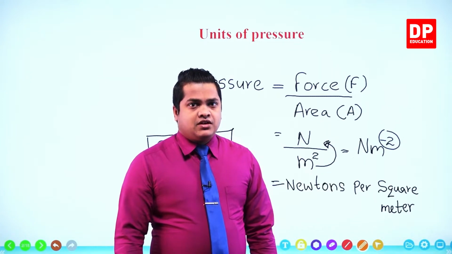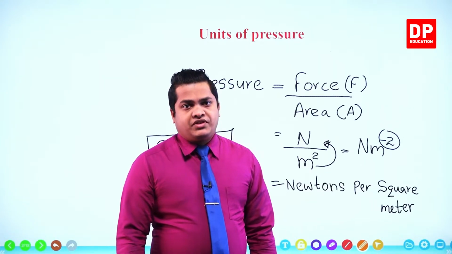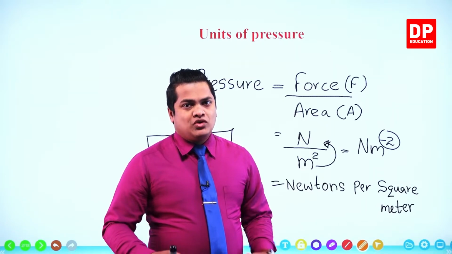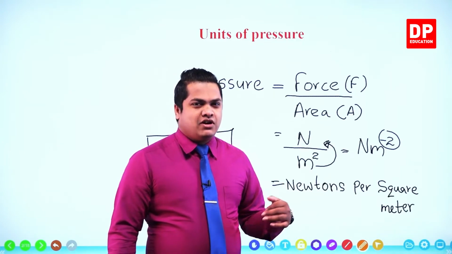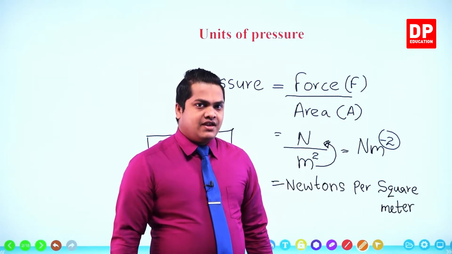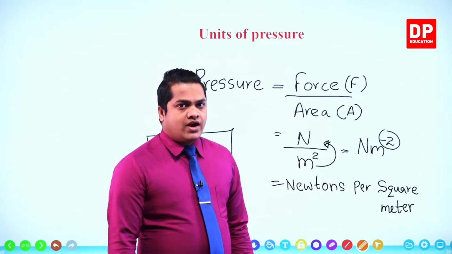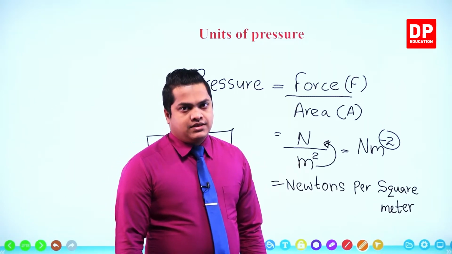Watt means the amount of joules consumed within 1 second. So 1 joule per second is equal to 1 watt. In the same way, 1 newton per square meter is equal to 1 Pascal.